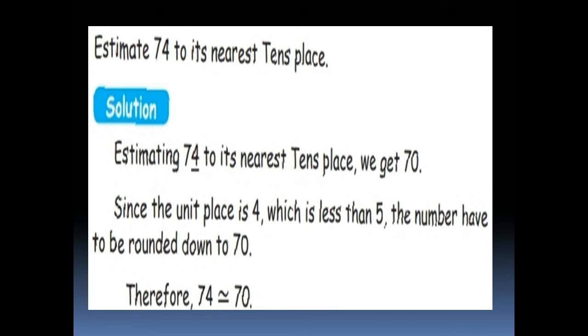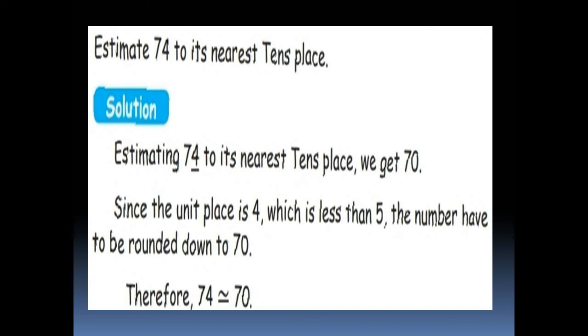Next we are going to see: estimate 74 to its nearest tens place. First we saw 48. Now they have given 74. Let us see which is the nearest tens place, whether 80 or 70. They have given the question 74.